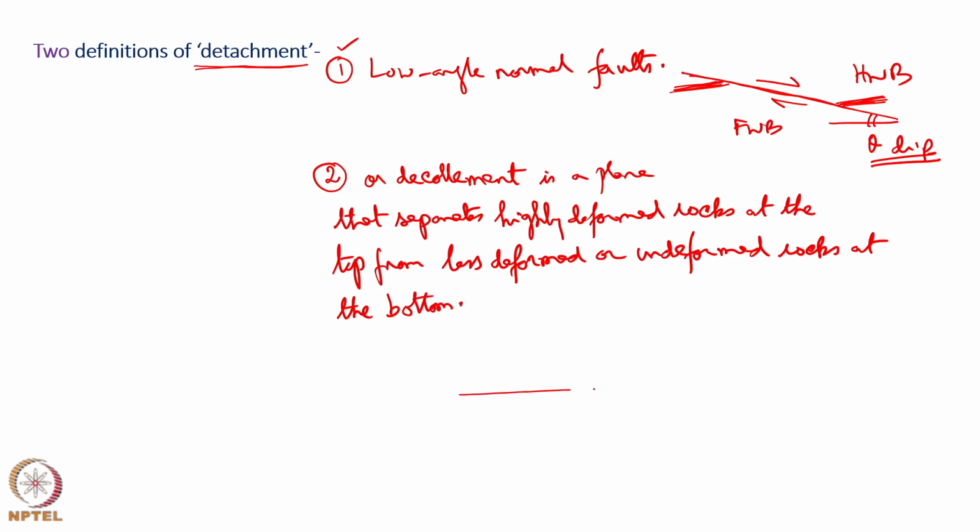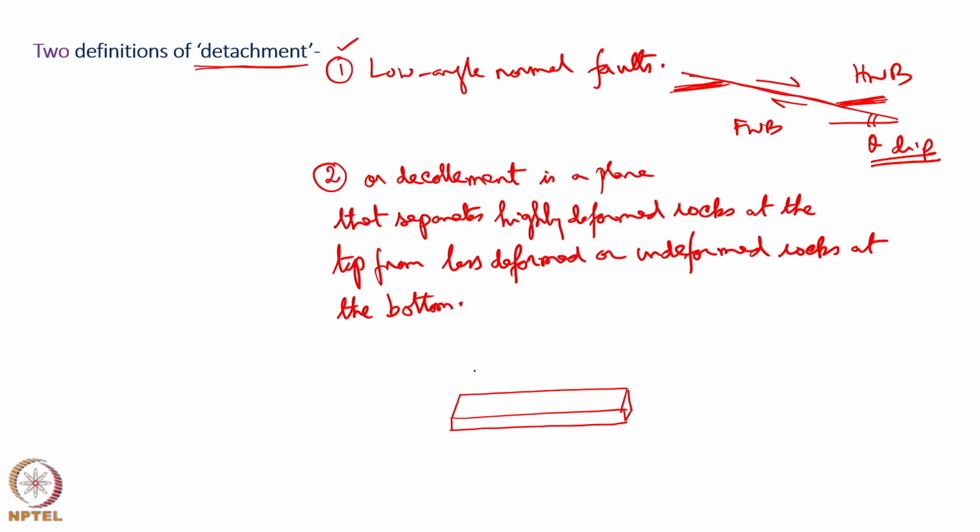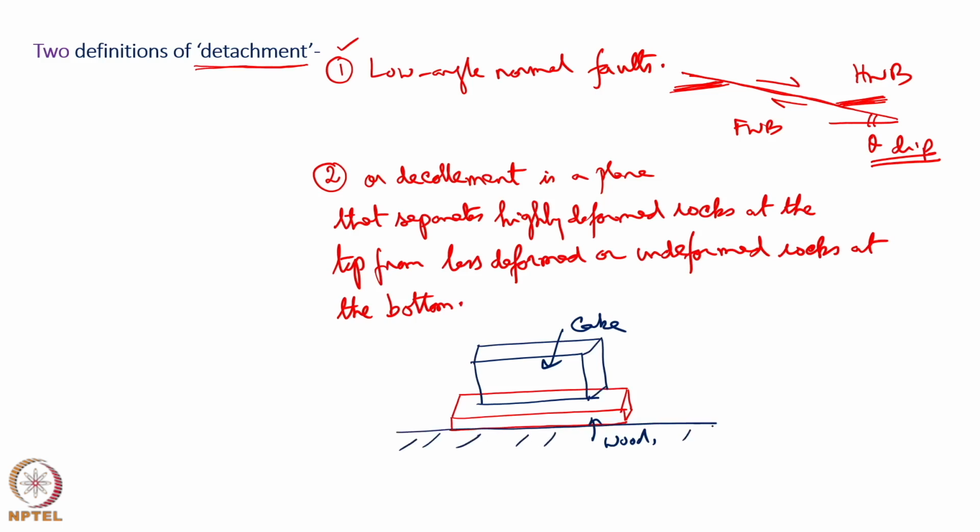Take an example of a piece of wood and consider over that I have kept a cake, and this wood is kept on a horizontal surface and this wood is prevented to move. This wood is fixed with the horizontal surface.